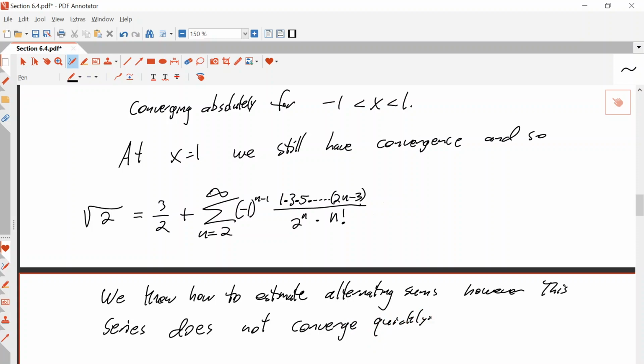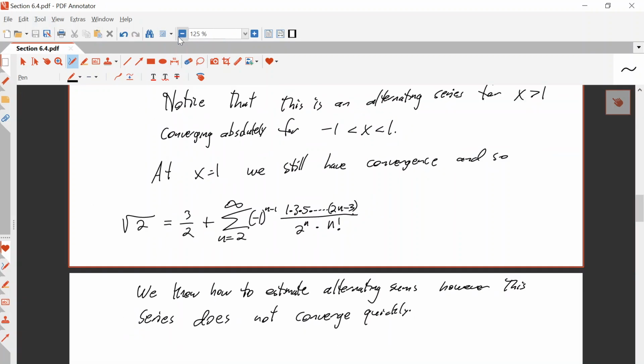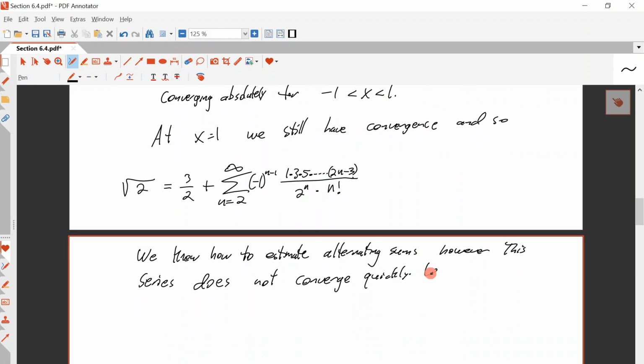But let's check out a partial sum just to see how it goes. Let's check out the fourth partial sum.